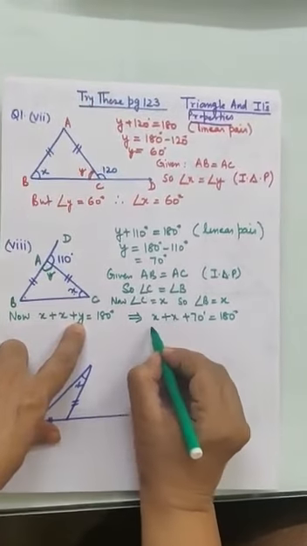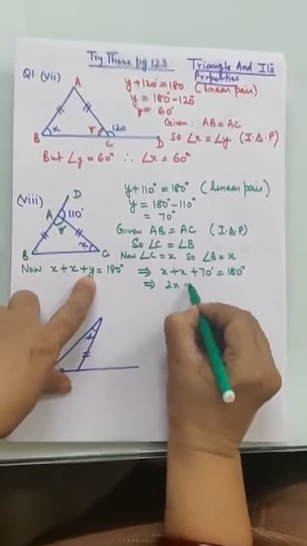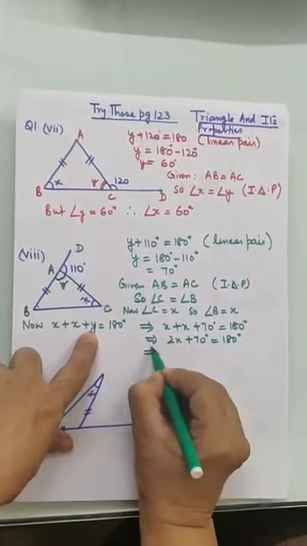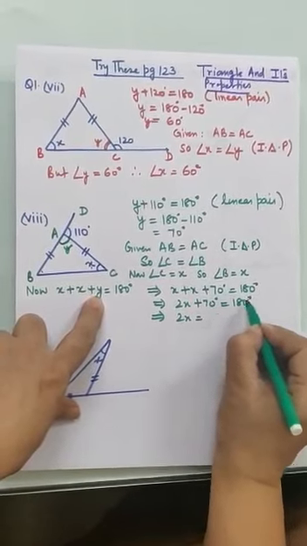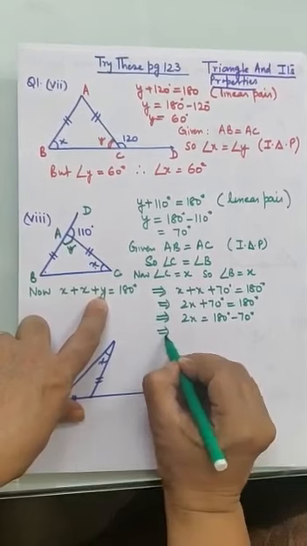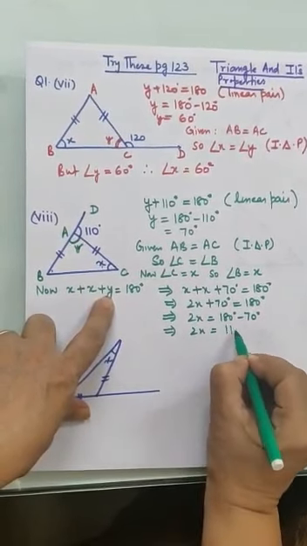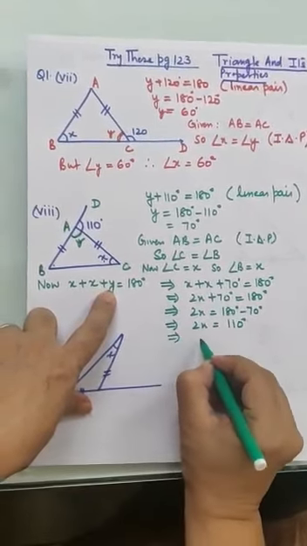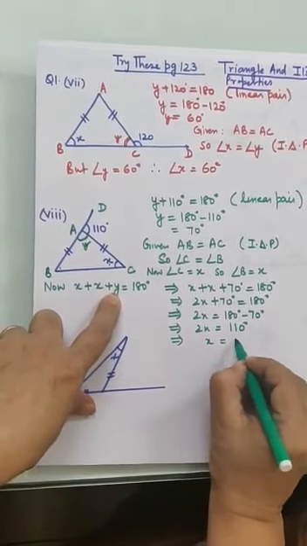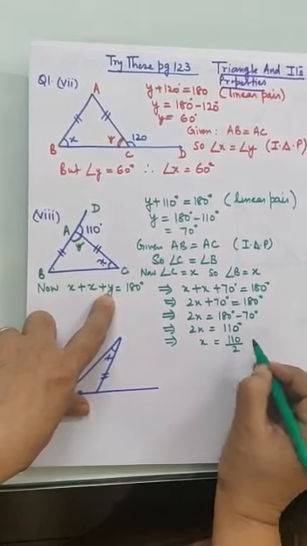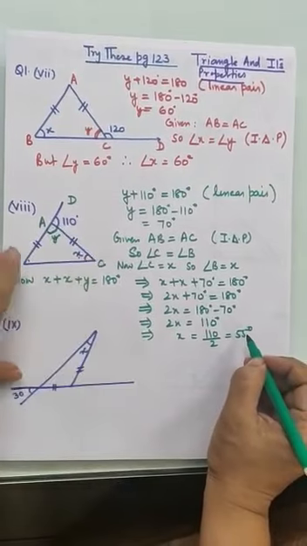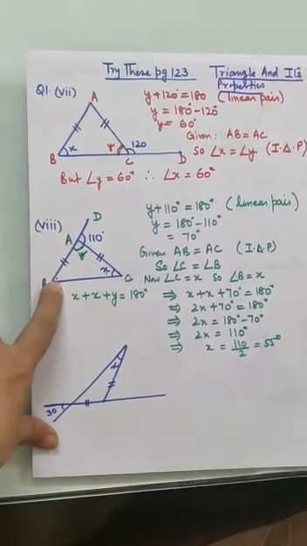Now x plus x is what? 2x plus 70 degrees equal to 180 degrees. Further 2x is equal to 70 shifts this side, so this becomes 180 minus 70 degrees. So this implies that 2x is equal to how much? 110 degrees. Further we have to find the value of x, so we need to remove this 2. So x is equal to 110 upon 2, which is equal to 55 degrees. So angle C is 55 degrees and angle B is also 55 degrees.